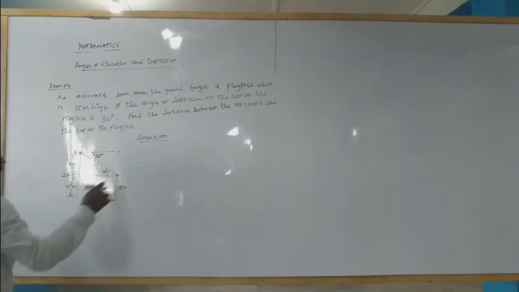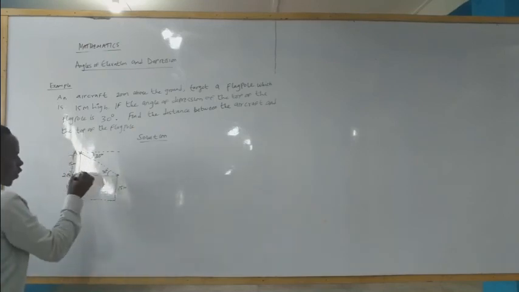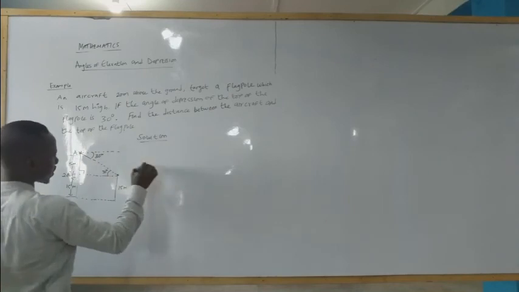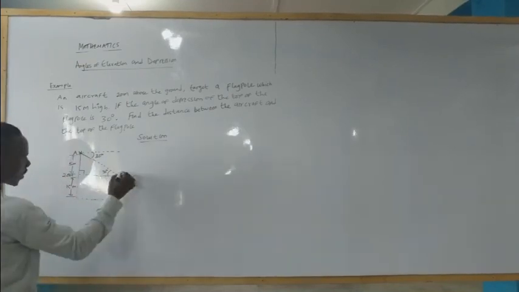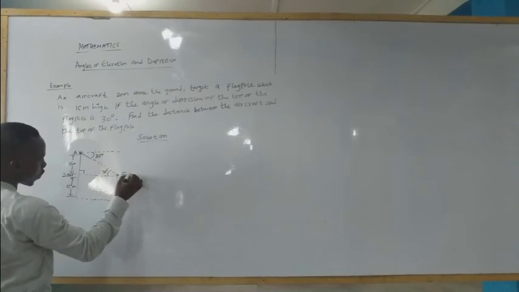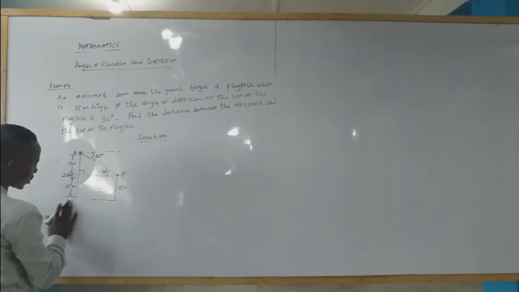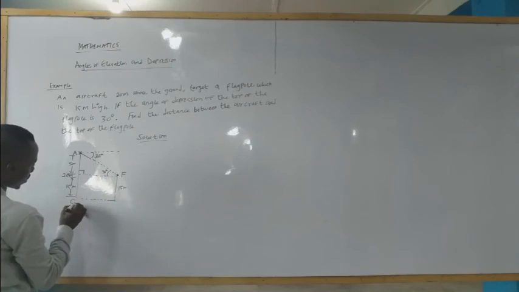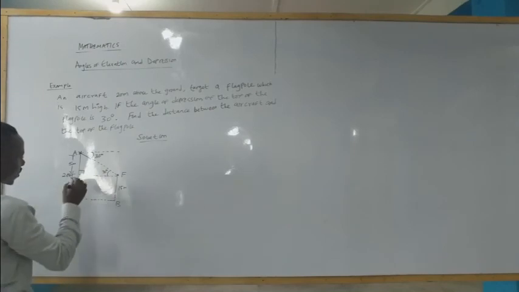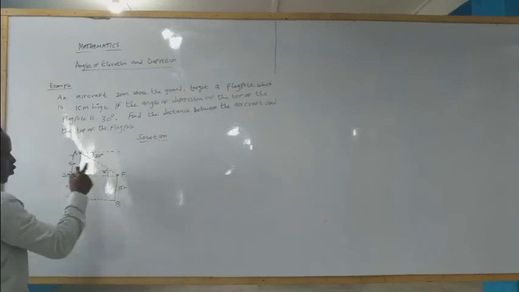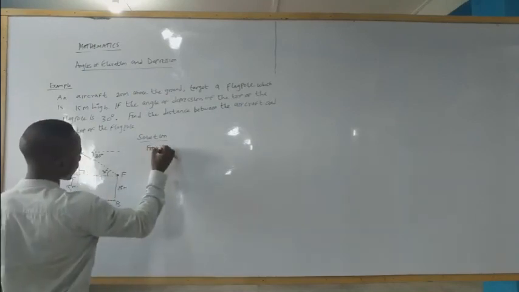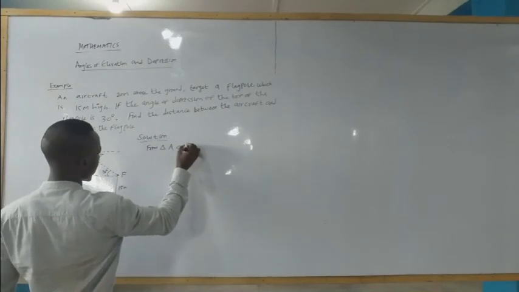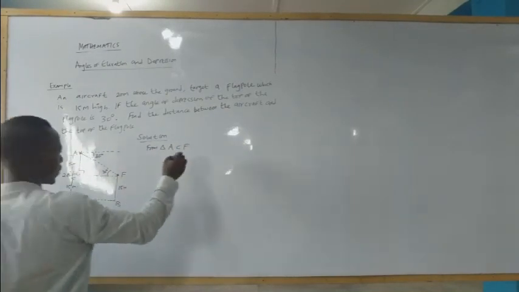So I'm bringing this one out. Remember, this is still a right angle triangle. I'm bringing that triangle out now. So I'm doing this one A, top of the flagpole F, level ground G, and let's call this B, C. So I'm taking triangle ACF.